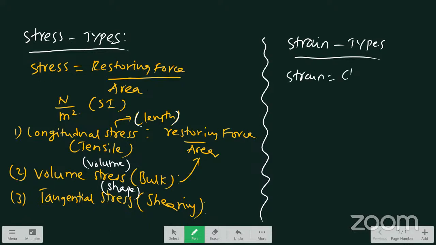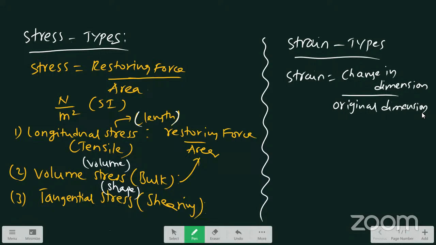Strain equals change in dimension by original dimension. The ratio between change in dimension, because length changes, volume changes, area changes, like that. Different types of parameters change when we are applying the deformation force.